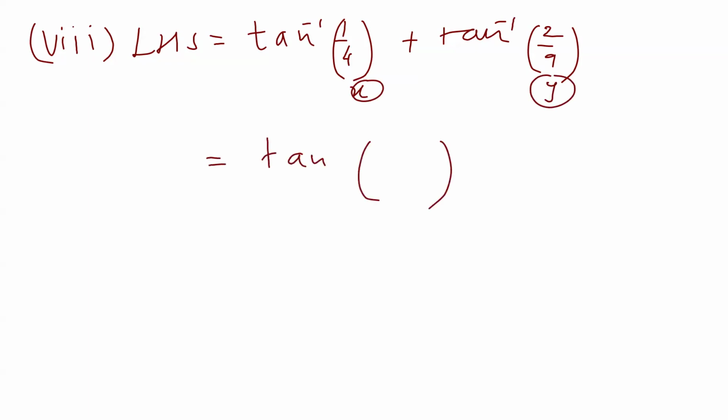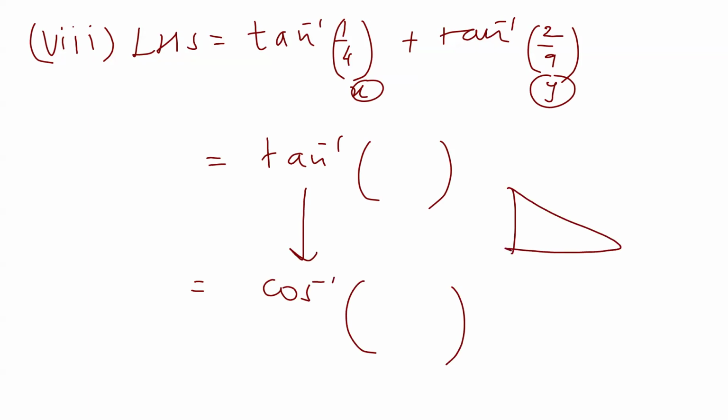That is tan inverse of some value. Now further convert this tan inverse into cos inverse using the triangle method, because the RHS is in terms of cos inverse. And the ninth problem also you can do for self-study.